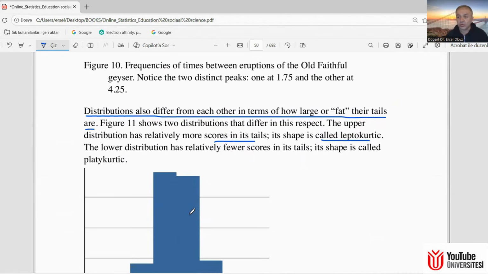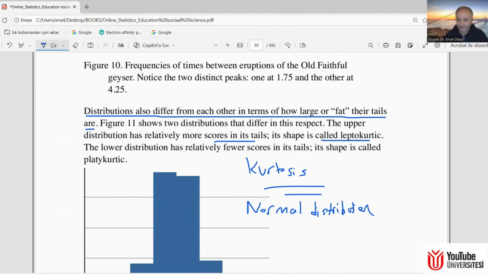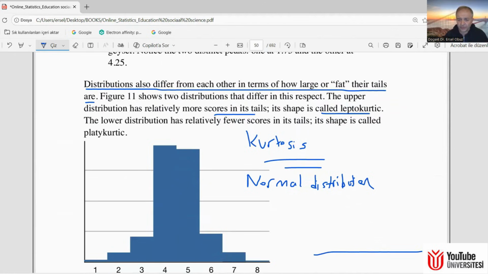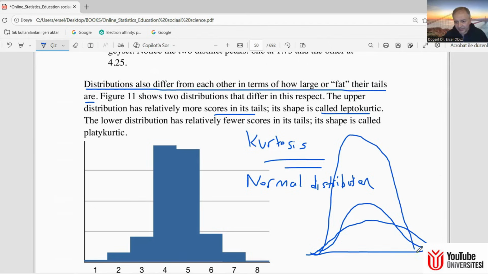Also we can talk about kurtosis. As far as kurtosis is concerned, the normal distribution will be the baseline. If you draw a distribution like this, this is normal. You may have something like this, and then something like this.